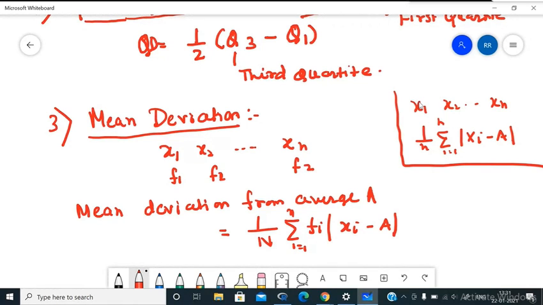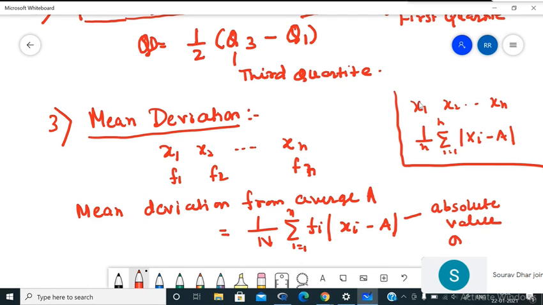It will be F2 and it will be Fn. Okay, F1, F2, Fn, the frequency distribution. This represents the absolute value or modulus.